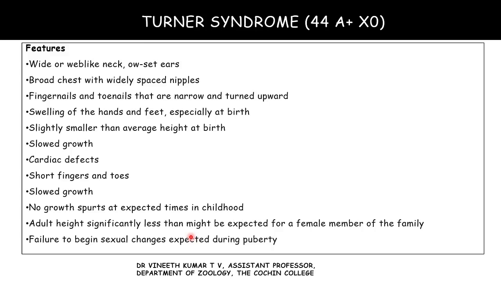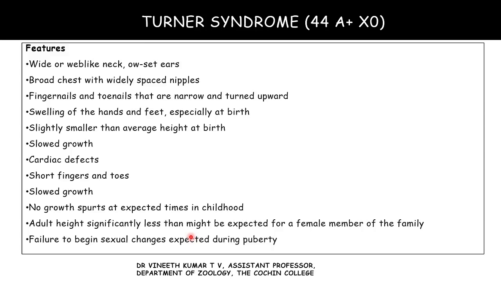Every child has growth spurts, like the time when they sit, walk, when teeth develop, when they look at a particular object. These growth spurts do not occur at the expected time in individuals with Turner syndrome.